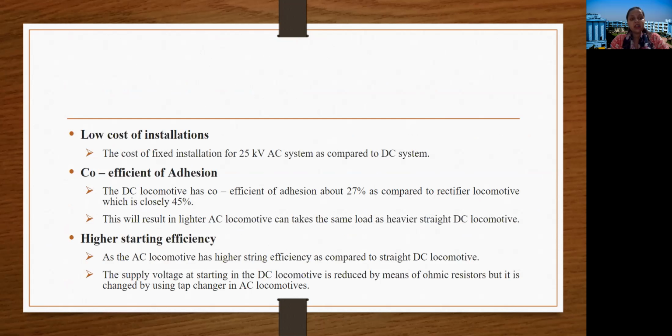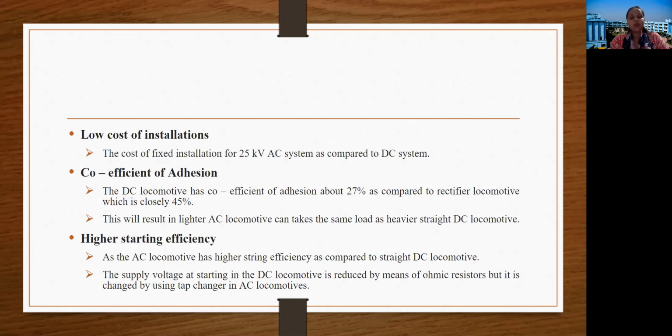Coefficient of adhesion. The DC locomotive has coefficient of adhesion about 27% as compared to rectifier locomotive, which is closely 45%. This will result in a lighter AC locomotive that can take the same load as a heavier straight DC locomotive. Higher starting efficiency.